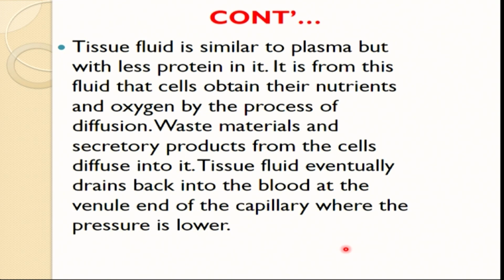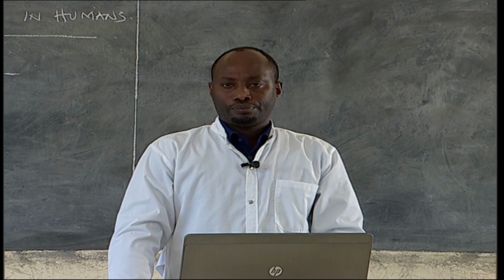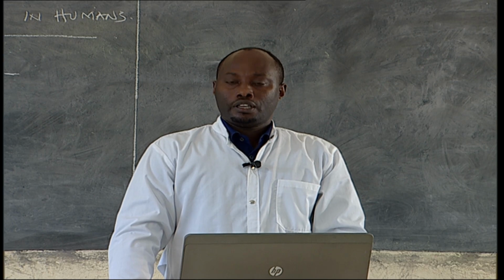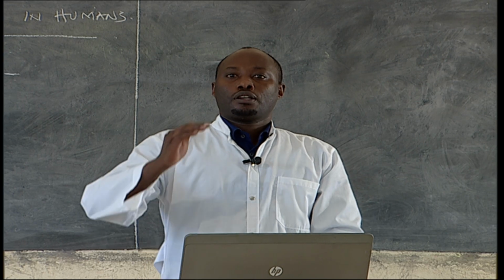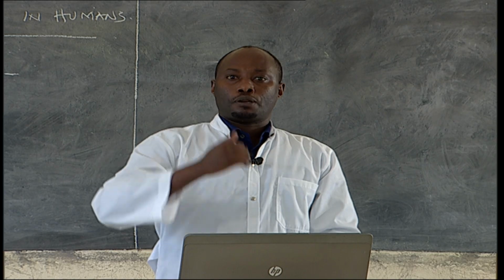The tissue fluid is similar to the plasma. As you remember, we talked about one of the components of blood, blood plasma. Student, do you still remember that? We mentioned one of the major components of blood is blood plasma.